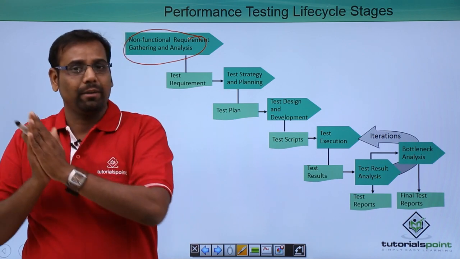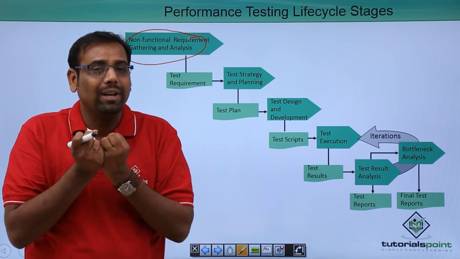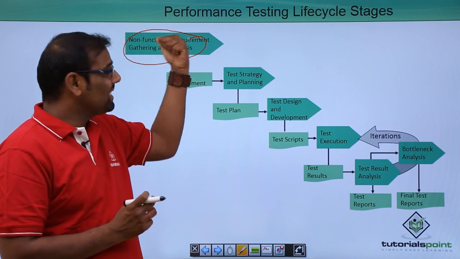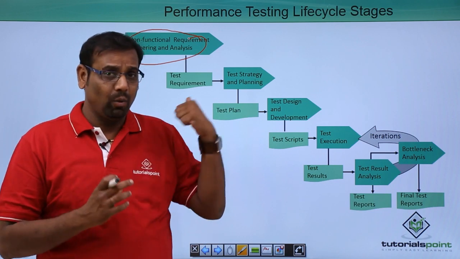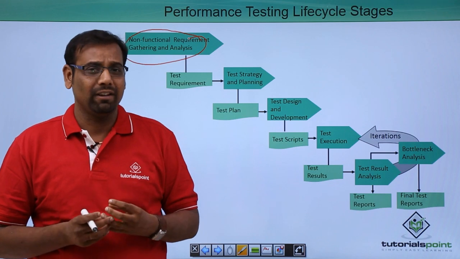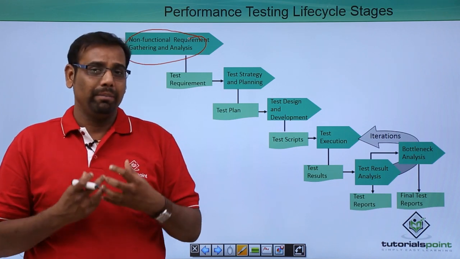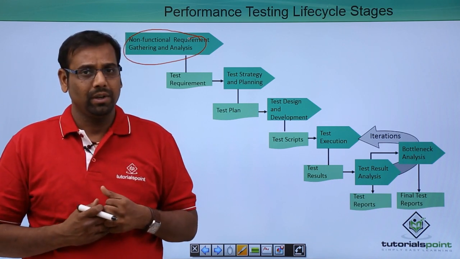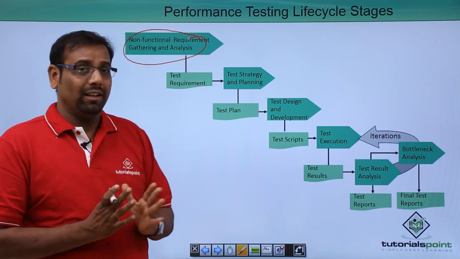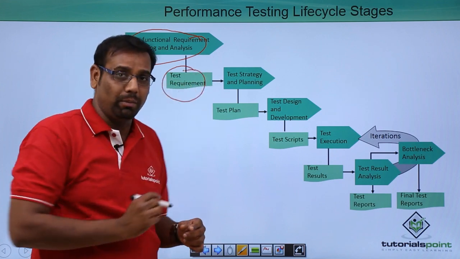They will be talking to that representative, trying to understand the project and gather all the NFRs required. Once the NFRs have been gathered, they will do further analysis as to what these NFRs are and how we are going to use them in our project. And then finally they will create a document for all the NFRs gathered, and we call that a test requirement document.